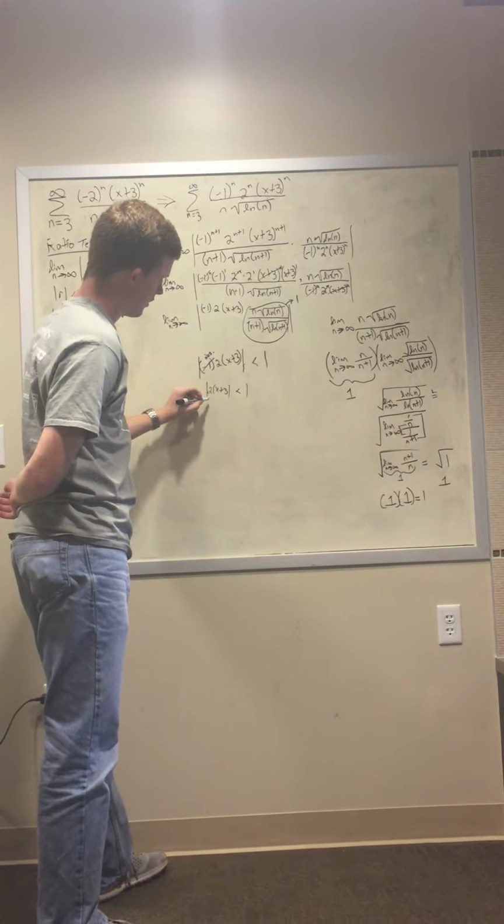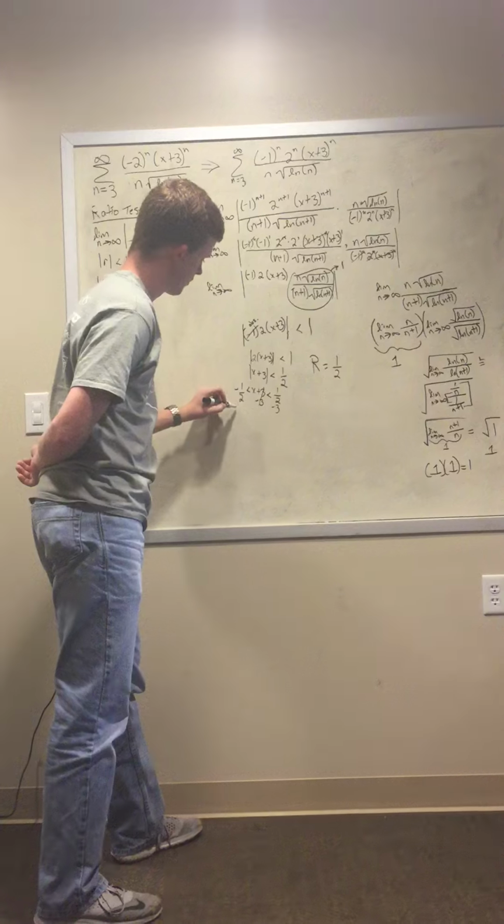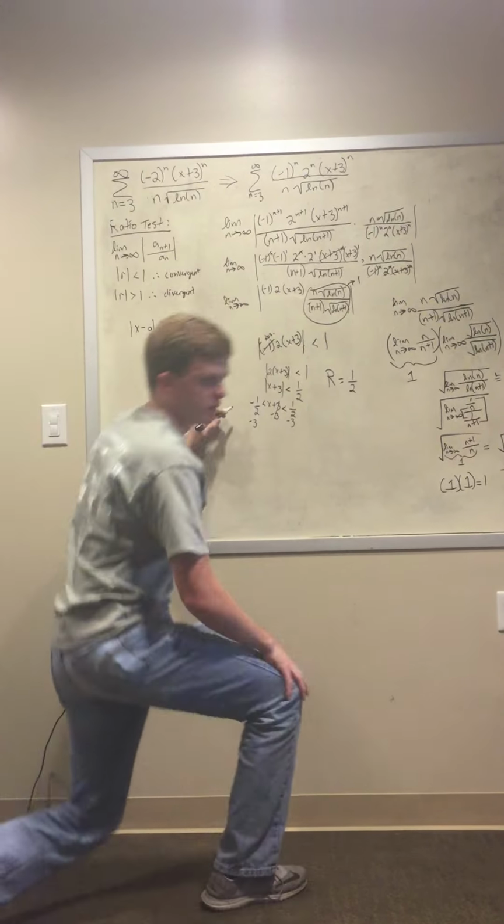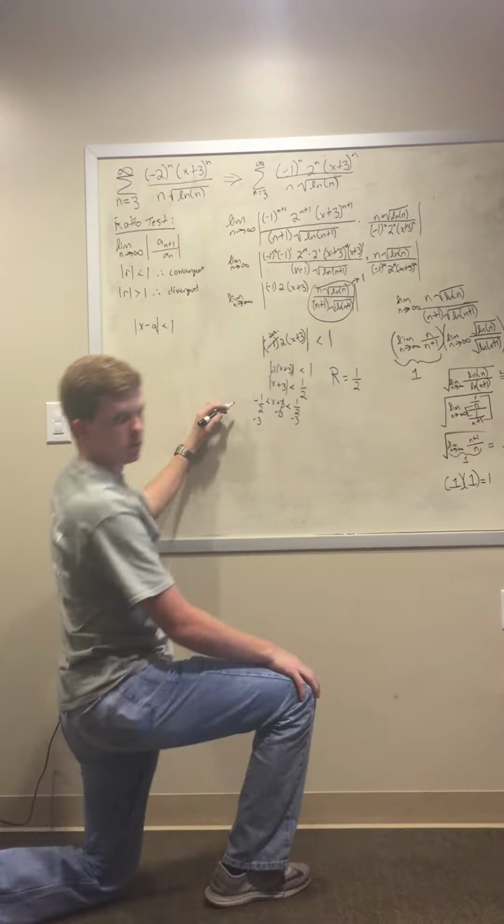We can then say from there that the possible endpoints for convergence will be -7/2 and -5/2. So this is what we'll be working with.